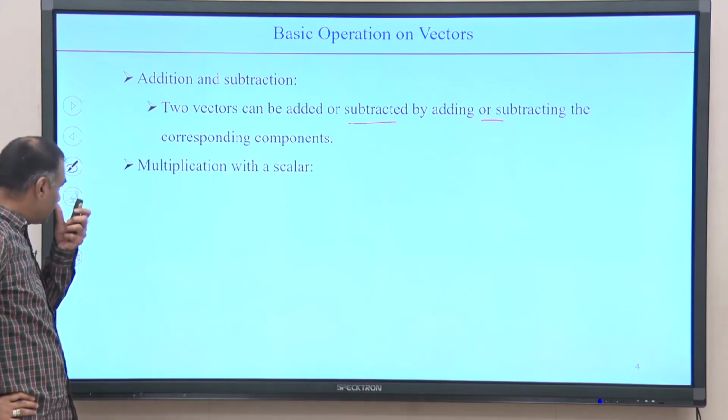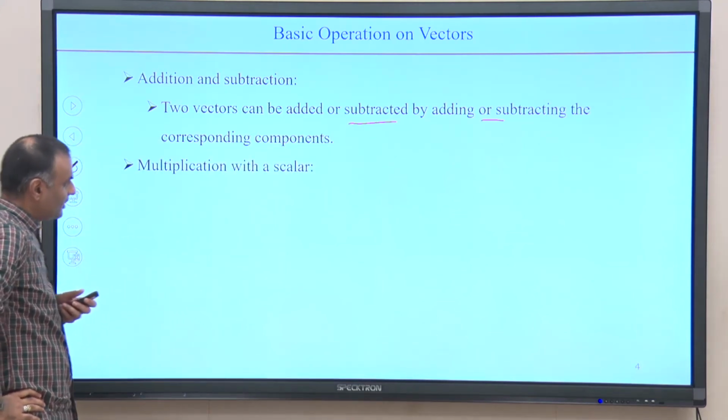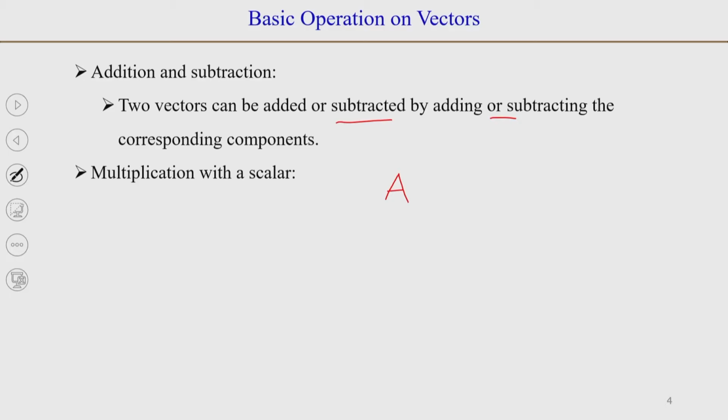Now, when we multiply a vector with a scalar, let us say a vector A is multiplied by a scalar 3. So, you will have 3 multiplied by a1 i plus a2 j plus a3 k.